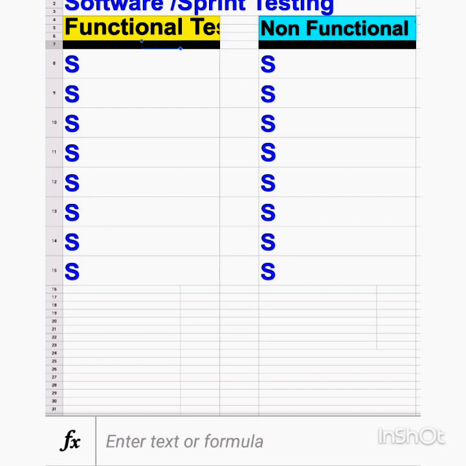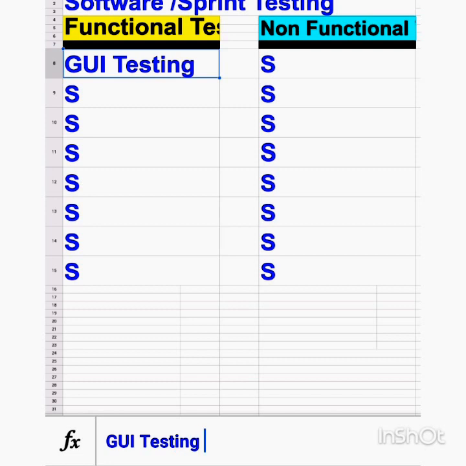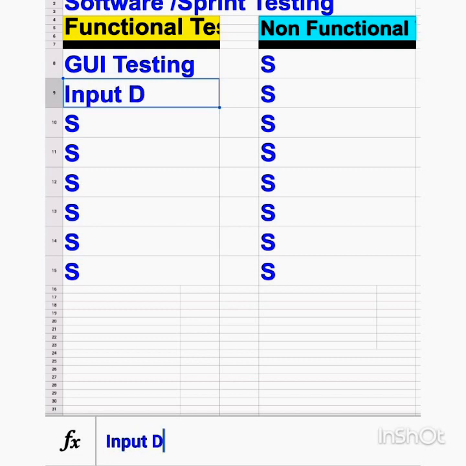Now, there are 8 types of functional testing. First one is GUI testing, meaning graphical user interface testing. The next one is input domain testing. Next is error handling testing.